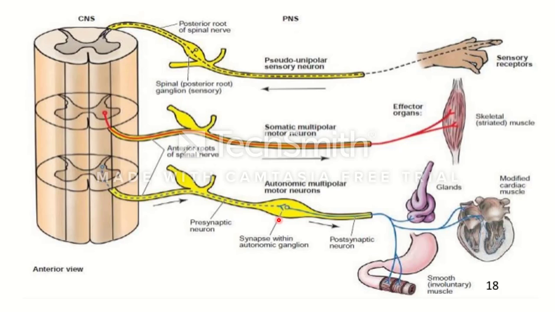So the type of this neuron is visceral motor or visceral efferent. And we have another type of neurons that is visceral afferent. This visceral afferent isn't depicted here, but I can show the pathway of this neuron.